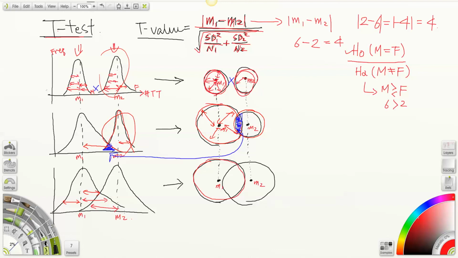Probably this dispersion is pretty much the same as this dispersion in the second scenario. That's why this circle is just as big as this one. And how about this second subsample? Now its dispersion has gotten bigger as well, and that's why the circle here is a lot bigger than in the first or second scenario.